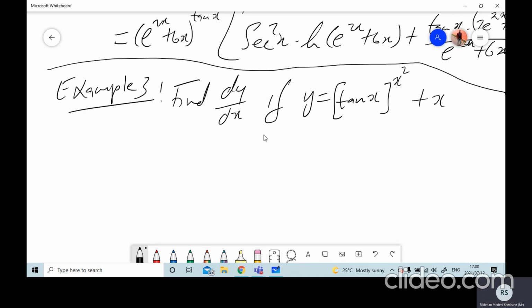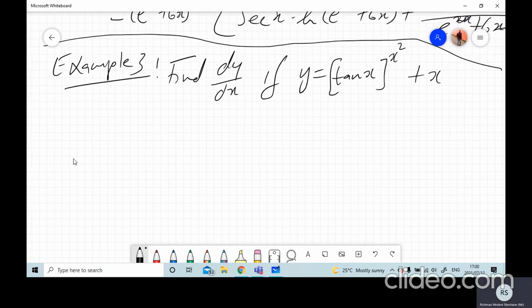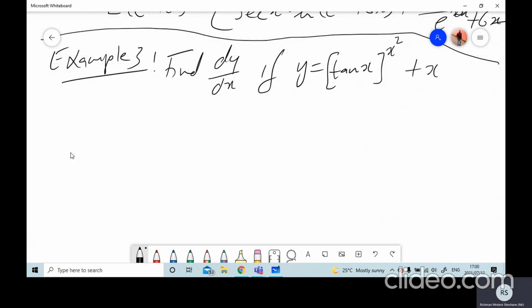Okay, I want to find dy dx if my function y is equal to tan x all to the power of x squared plus x. Again, you see my function y has the term which is a function to the power of a function. So we obviously are going to need to apply log differentiation.